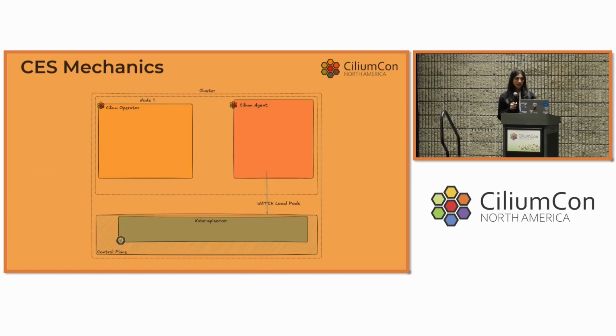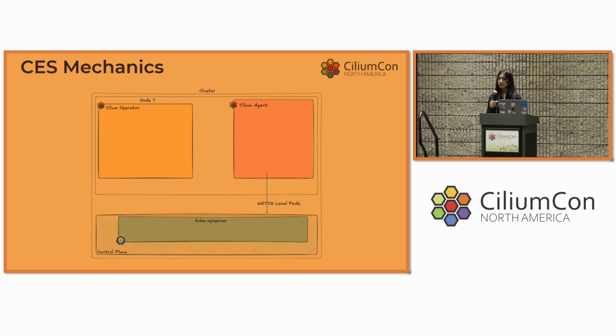Now I'm going back into how the mechanics of our cluster are going to change. We originally had the Cilium agent watching local pods, so pods on the same node as that agent. Then the Cilium agent creates Cilium endpoints to represent them. Now we introduce a new controller, the CES controller, into the Cilium operator. The Cilium operator watches Cilium endpoints that have been created by the agent, and now it's going to create Cilium endpoint slices.